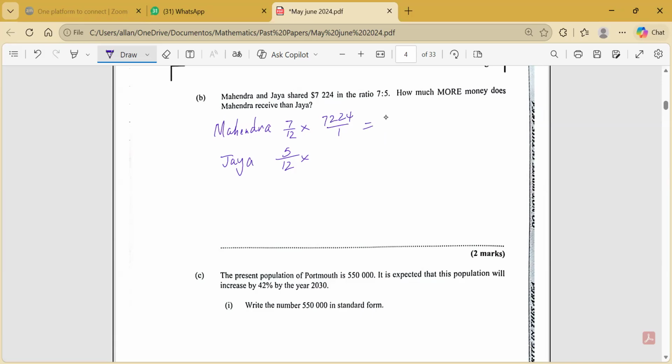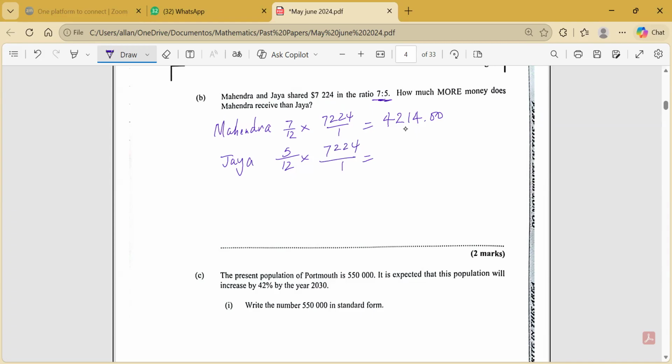All right, so that's 4,214. And this is 5 12ths. So it's a fraction of, right? The ratio is 7 to 5, 7 twelfths, 5 twelfths would be 5 over 12.